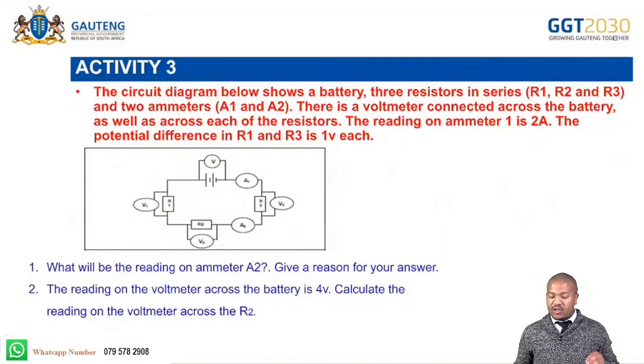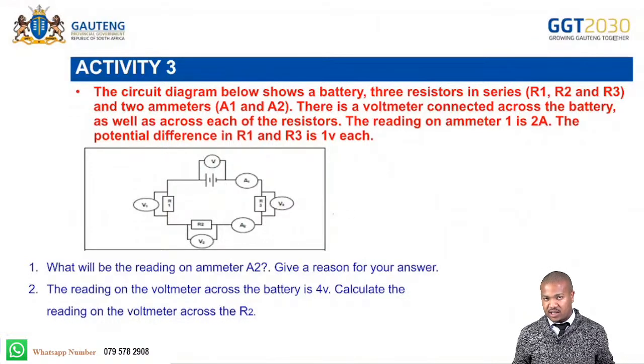There is a voltmeter connected across the battery as well as across each of the resistors. The reading on ammeter 1 is 2 amperes. The potential difference in resistor 1 and resistor 3 is 1 volt each. So here you have the diagram to refer to.